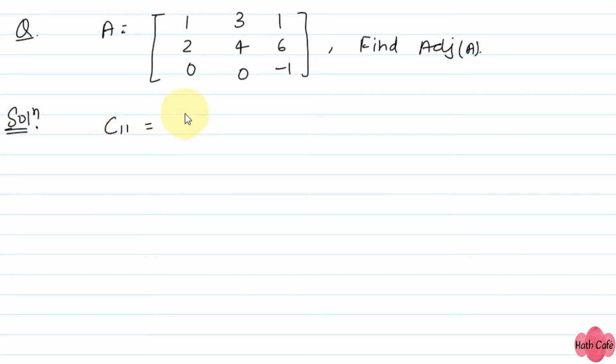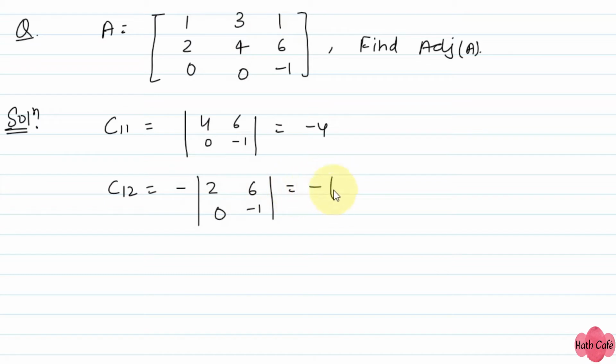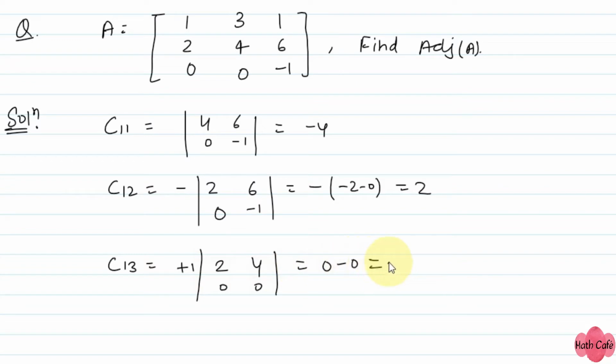So C11 will be 4, 0, 6, minus 1, that is equal to minus 4, and C12 will be minus of, so we will delete the row and column corresponding to 3, so we will be left with 2, 0, 6, minus 1, that is minus of minus 2 minus 0, that will become 2. Alright, C13, so plus, 2, 0, 4, 0, that is 0 minus 0, finally we will get 0.